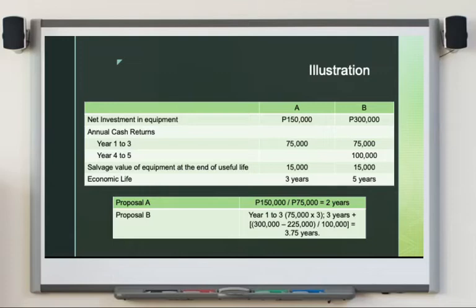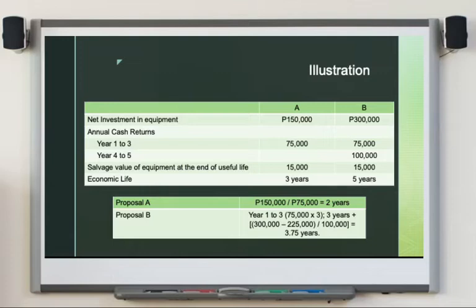Now in the fourth year, the cash inflow is 100,000. Since we only need to recover the 75,000 lacking from the past 3 years, we can get the ratio of the 75,000 over the 100,000, and that is 0.75, or 75% of the year.